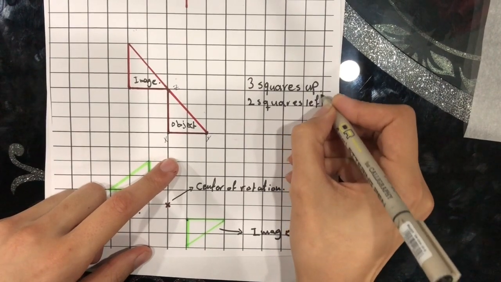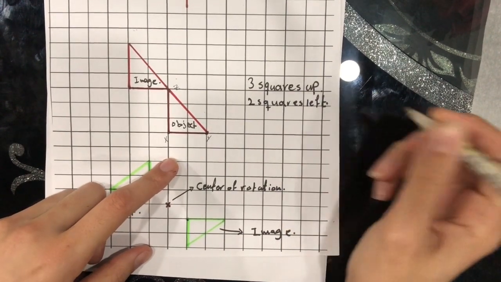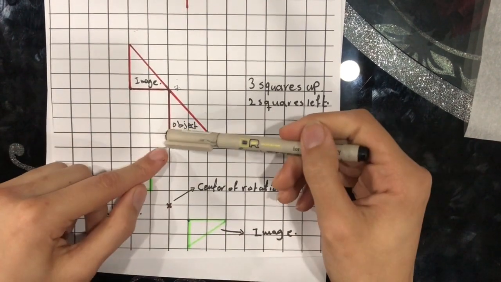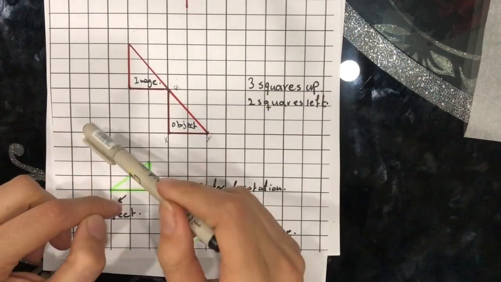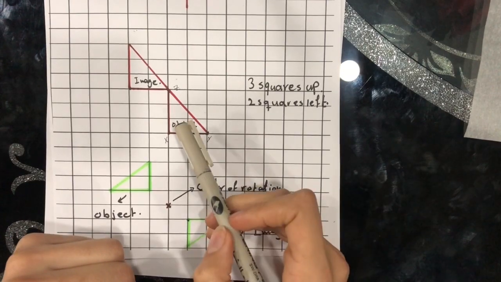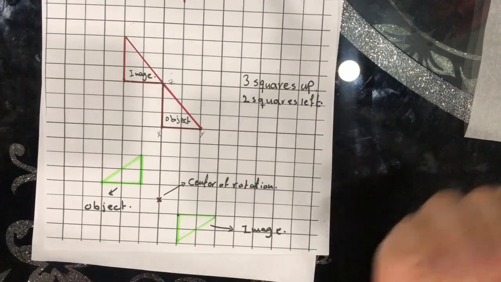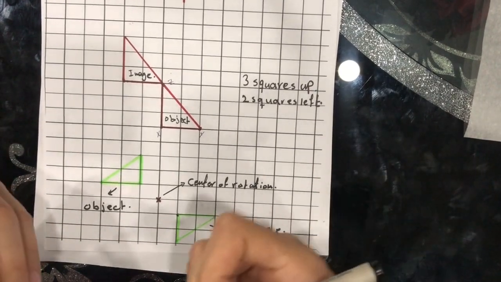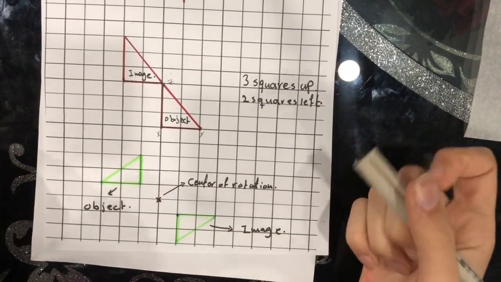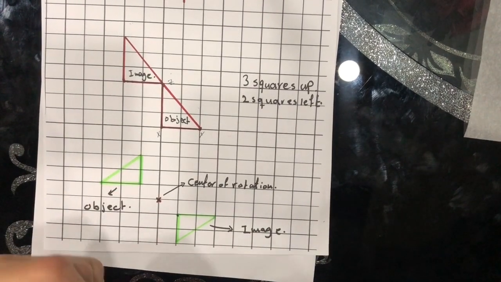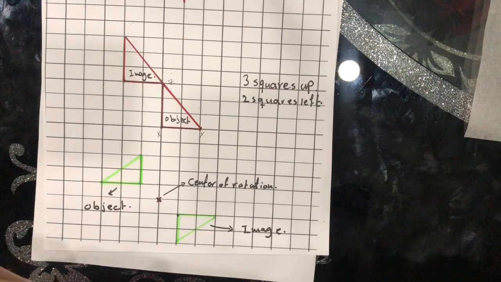Of course, your instructions could change, but they will always be move it squares up or down, right or left. For this question, the instructions were 3 squares up and 2 squares left. Of course, it does not matter which one we do first, because in both cases, we will end up at the same location.